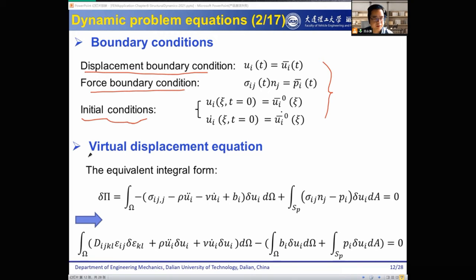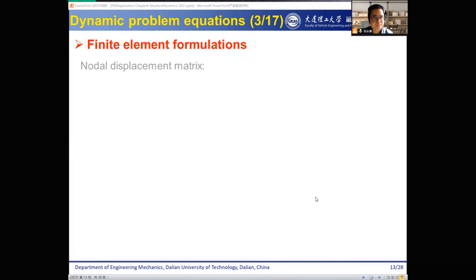To set up the stiffness equation, we use the virtual displacement equation, so we work out the potential energy.